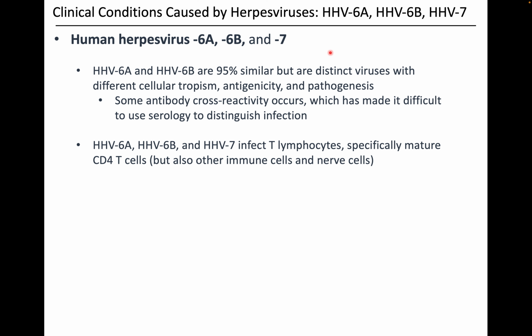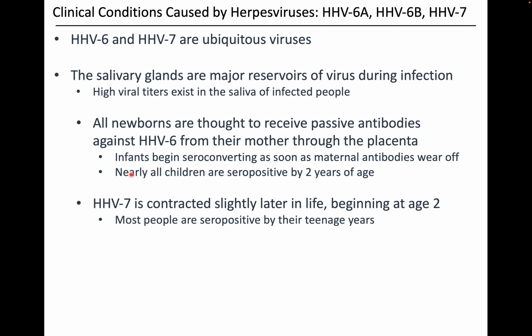So if you're trying to distinguish any of these using any of the antibody-based assays that we discussed in previous chapters, it may be difficult or impossible. All three of these like to infect T cells, T lymphocytes, and specifically helper T cells, but can also, in some instances, infect other immune and nerve cells as well.